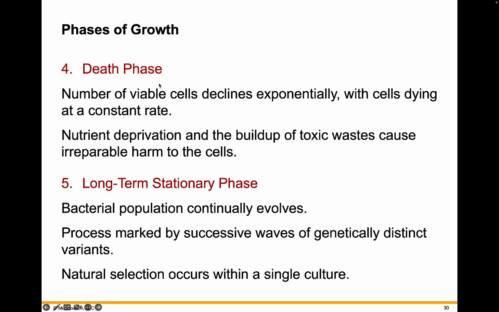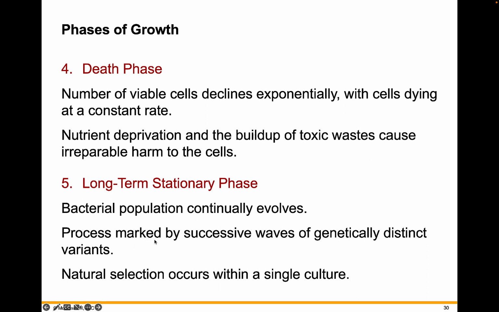Then in the death phase, the number of viable cells declines exponentially, with the cells dying at a constant rate, and of course faster. At this time all the nutrients are depleted, that means taken up, and the buildup of toxic waste causes irreparable harm to the cells, and they basically die. But after this death phase, there is a long-term stationary phase where the bacterial population will continually evolve.